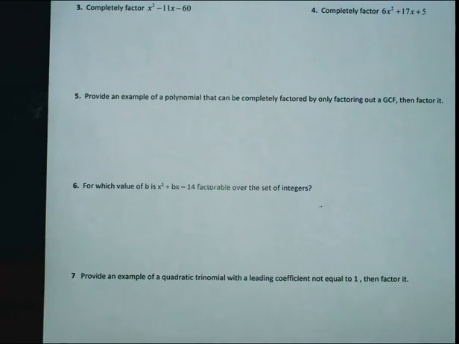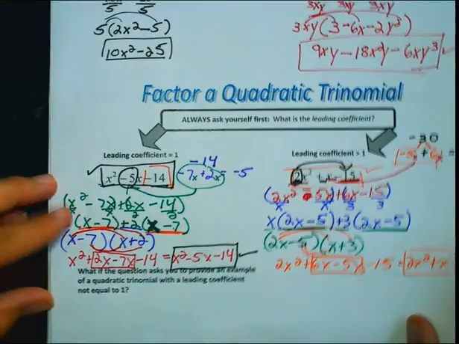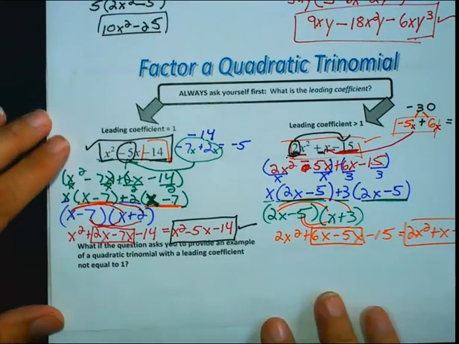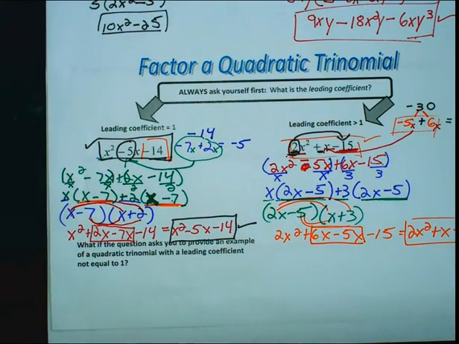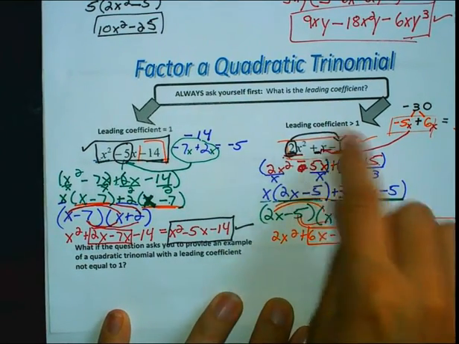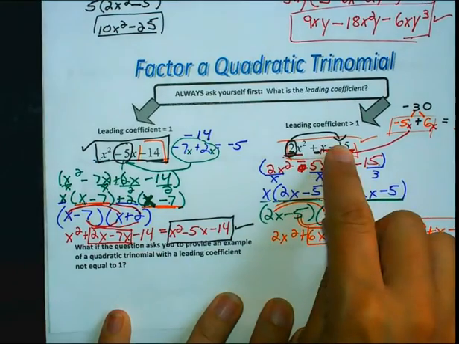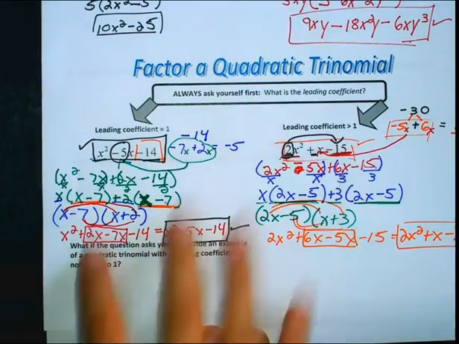So let's look at what if the question asks you to provide an example of a quadratic trinomial with a leading coefficient not equal to 1. Okay, so basically it's asking you for this piece right here. It's asking you for the quadratic trinomial. What I've asked you so far is to give me the factors.